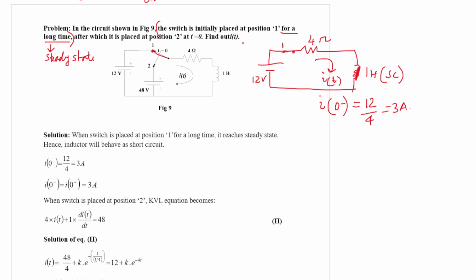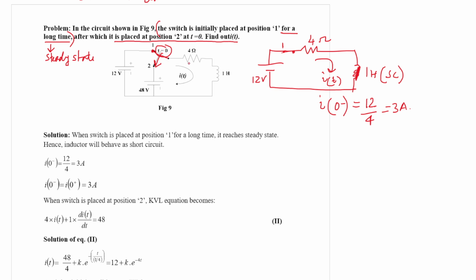That means just prior to the switching, you follow the next statement, after which the switch is placed at position 2 at t is equal to 0. That means the switch is moved from position 1 to position 2 and the switching instant is t is equal to 0.